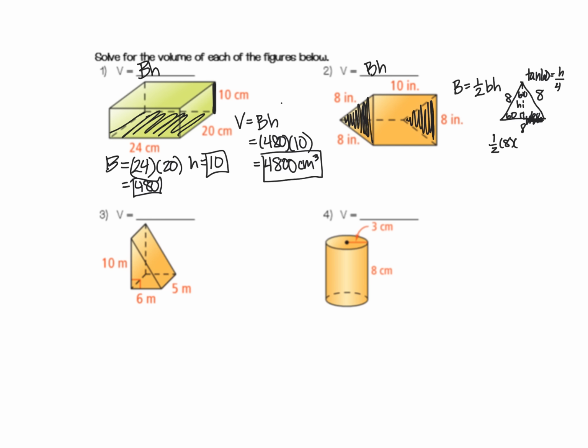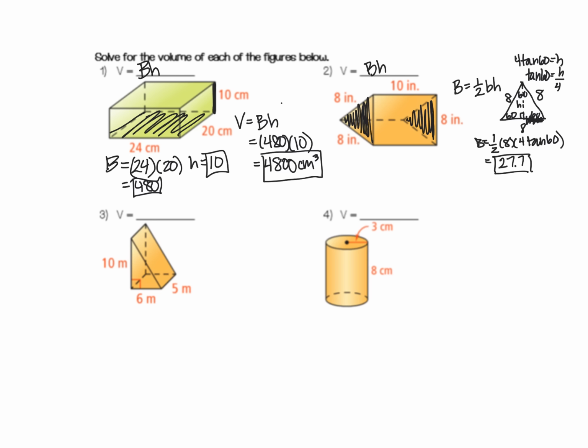If I solve this trig equation for h, I have 4 tan 60 equals h. So I'll plug that in down here, and now I can multiply this out to get the area of the base. This ends up being 27.7. That's just the area of the base.